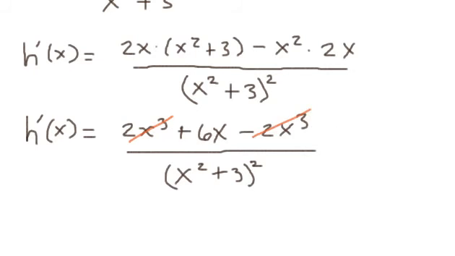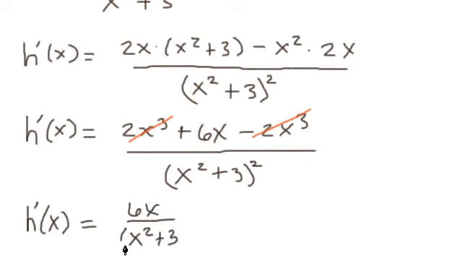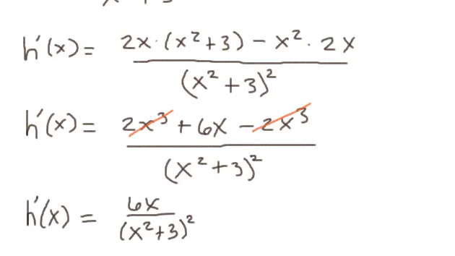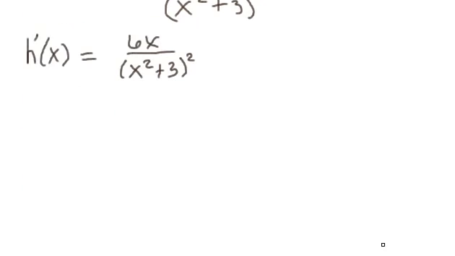Those guys are going to go away, and I'm going to rewrite this. So we have h prime of x is equal to, we're going to be left with a 6x over x squared plus 3, and that whole thing is squared. Now we want to set this guy equal to 0 and get our critical numbers.